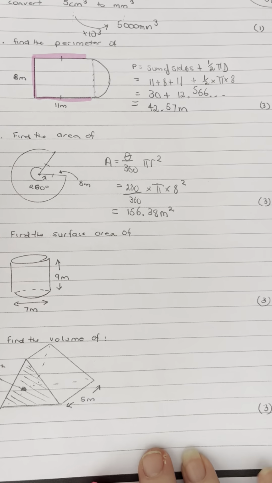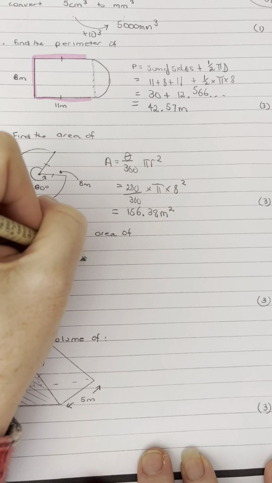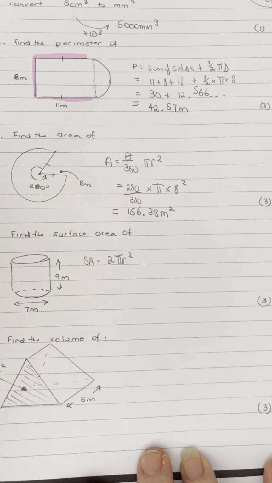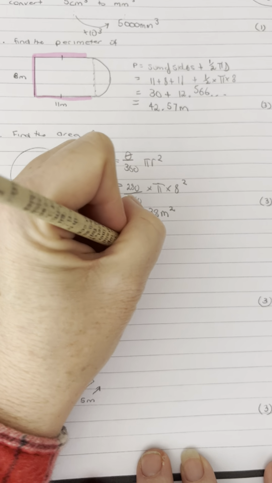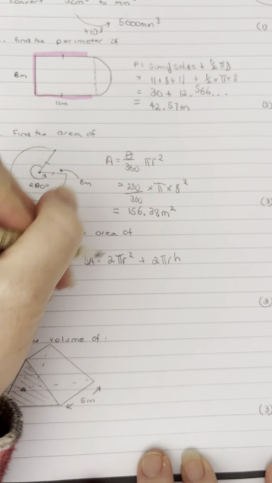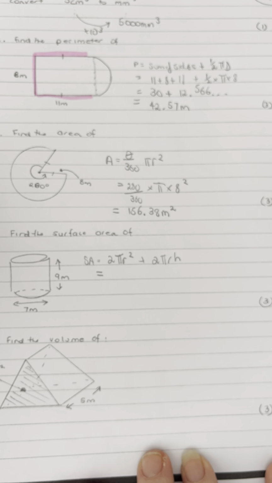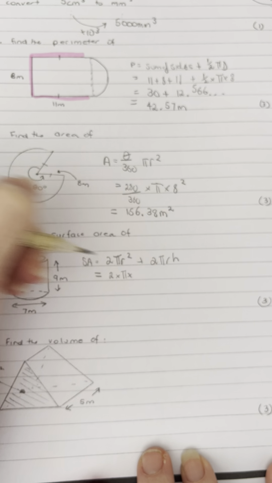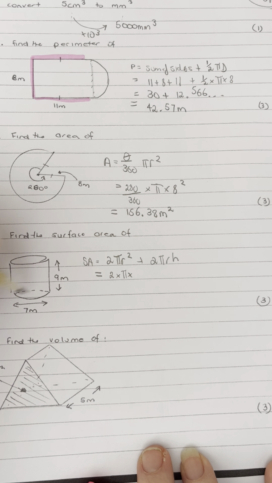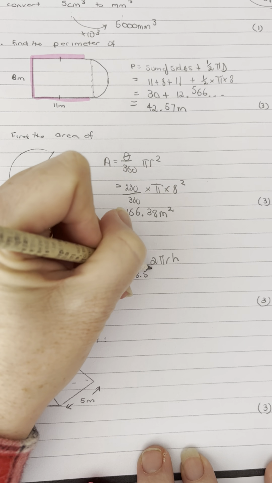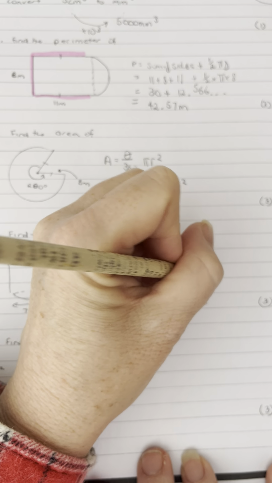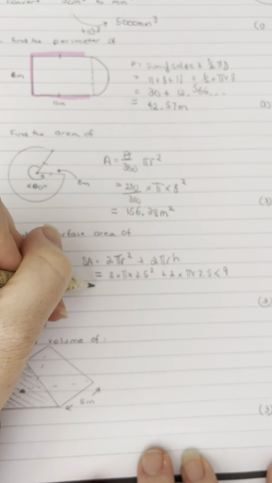Then I've got a surface area question. Now I've got a cylinder here, which means my surface area is 2 lots of pi r squared for the top and the bottom, because they're circles, and then 2 pi rh for that wraparound rectangle that goes around the shape. So we've got 2 times pi times, now my diameter is 7, so my radius is 3.5, plus 2 times pi times 3.5 times, and my height is 9.